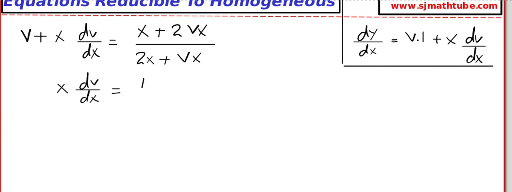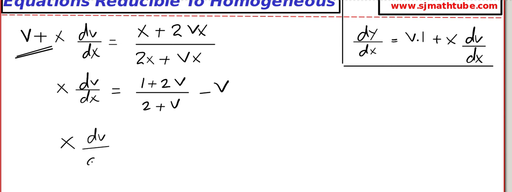The remaining part is 1 plus 2V by 2 plus V, and I'm going to take this V to the other side, minus V. Now let's take LCM: 1 plus 2V minus V into 2 plus V.